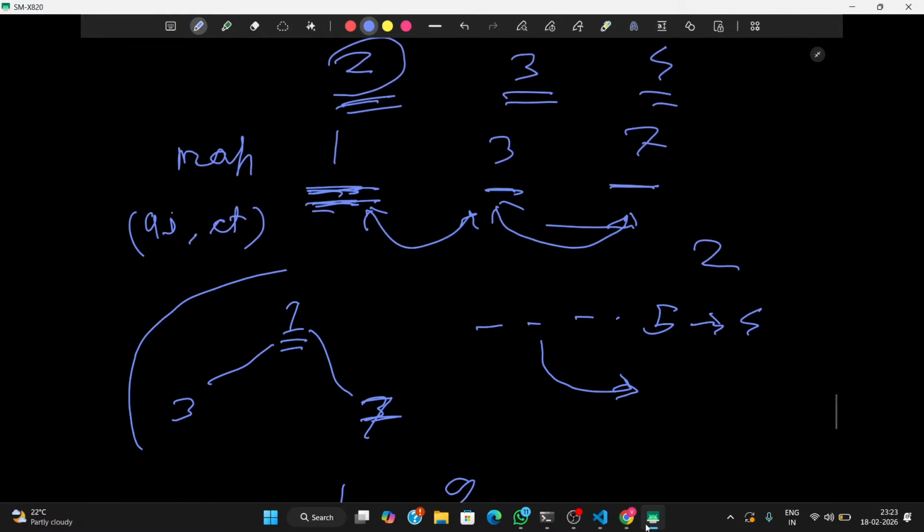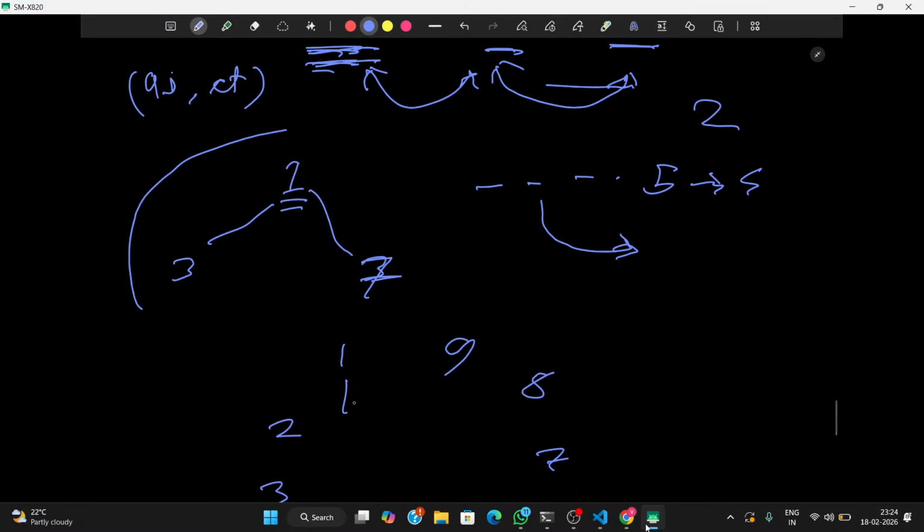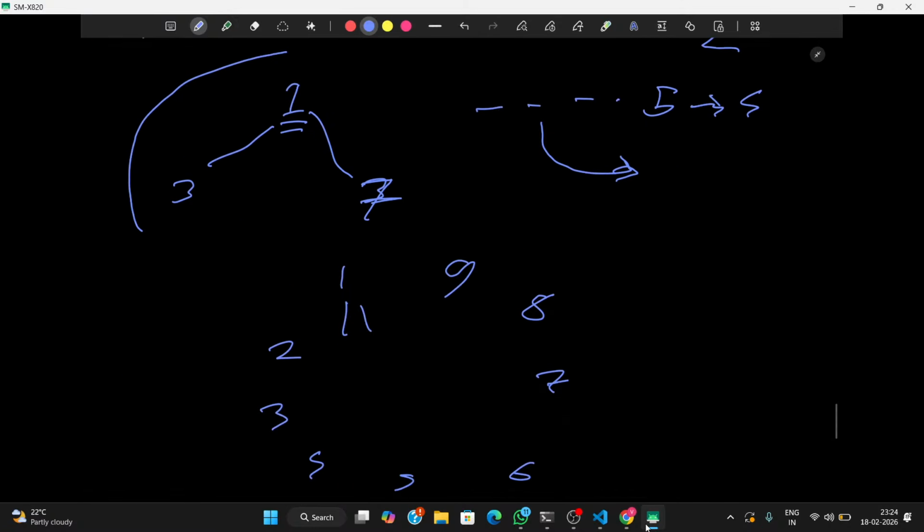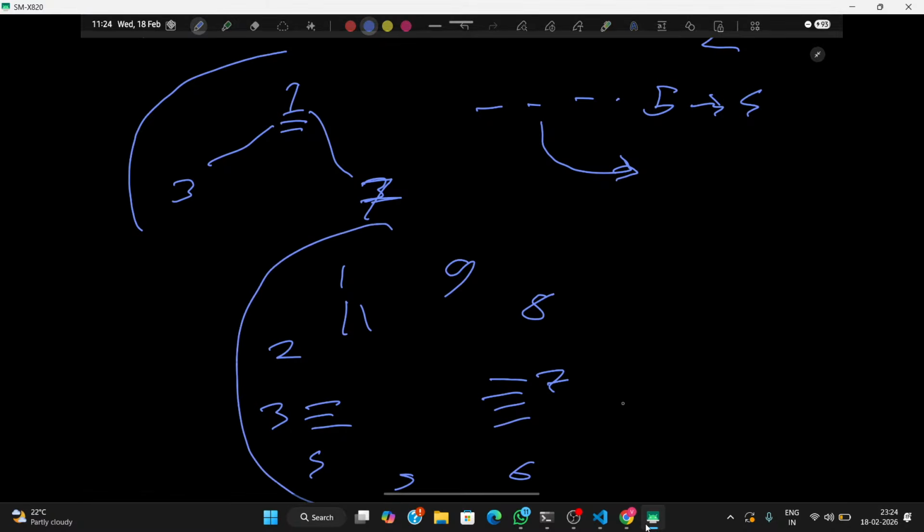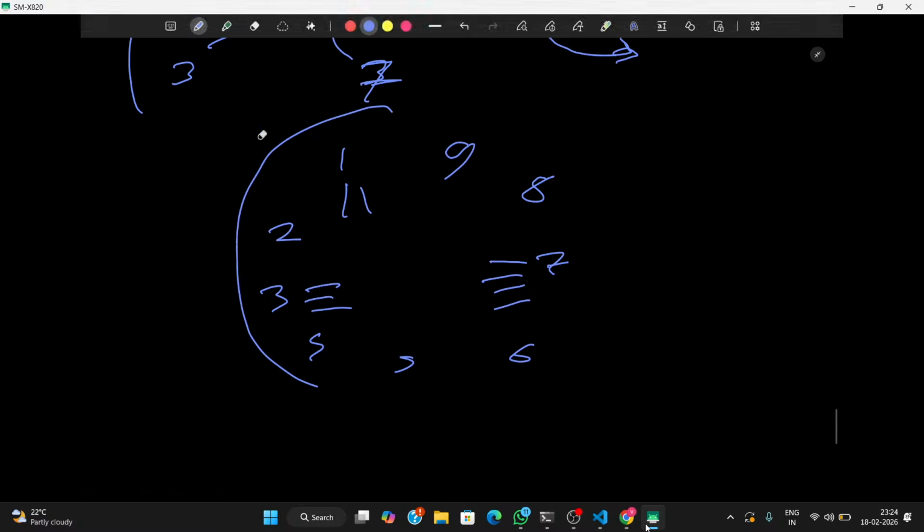Now what we know is there are two edges from one, three edges from three, and four edges from seven. And we need to connect all of these vertices so that it makes a fully connected graph.